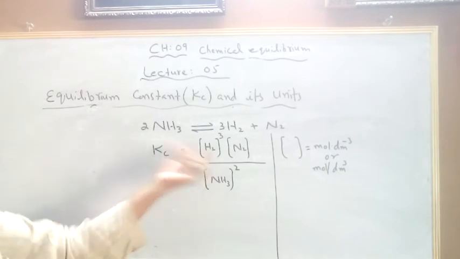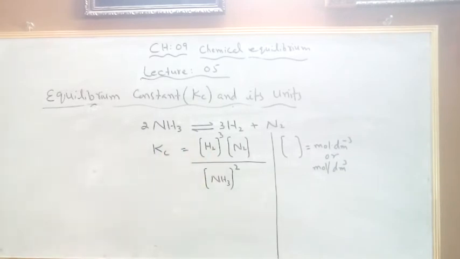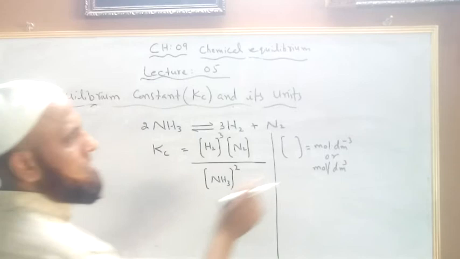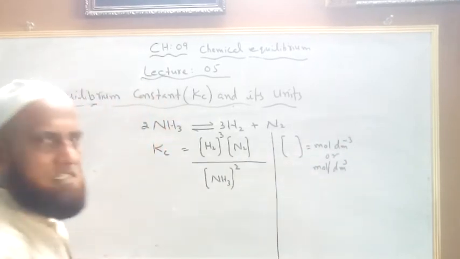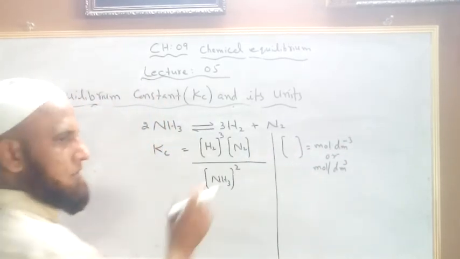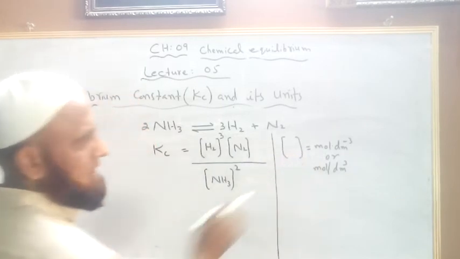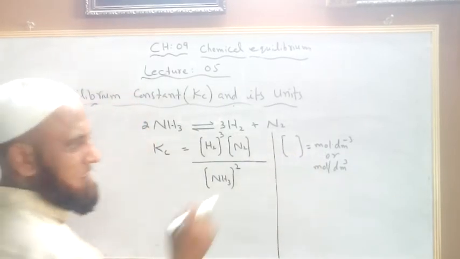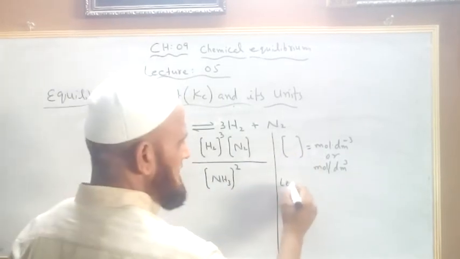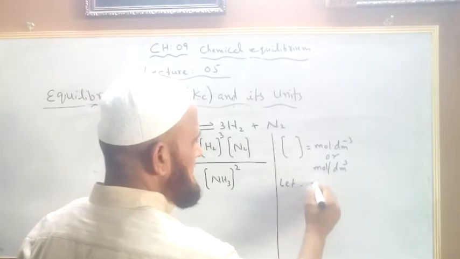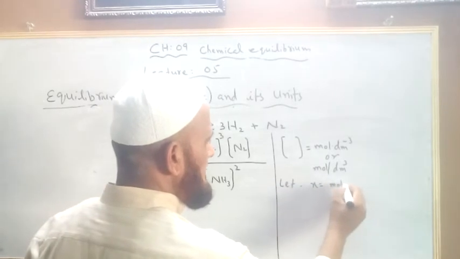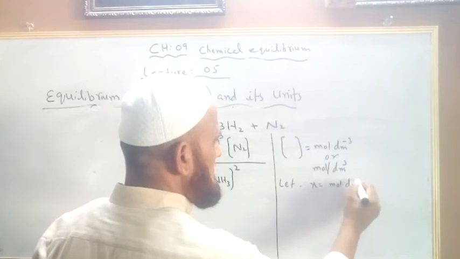So how can I calculate it? First of all, I suggest that you should consider the molar concentration as x. So let x is equal to mole per dm3.